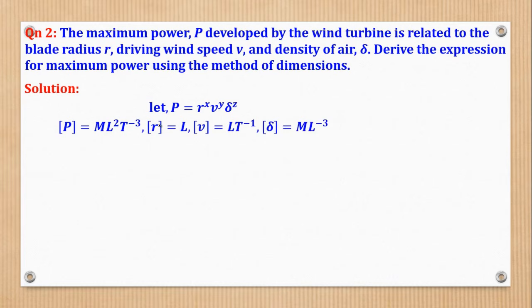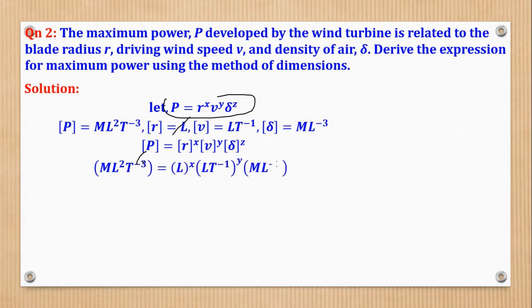Then we shall get the dimension of P is that, R is that, V is that, and sigma is that. Then we shall get the dimension for this equation, which are these: P, R, V, sigma. Then use the laws of indices, collect like terms.